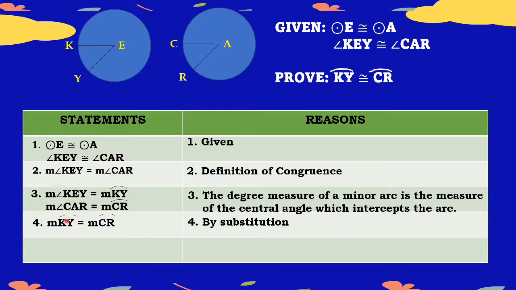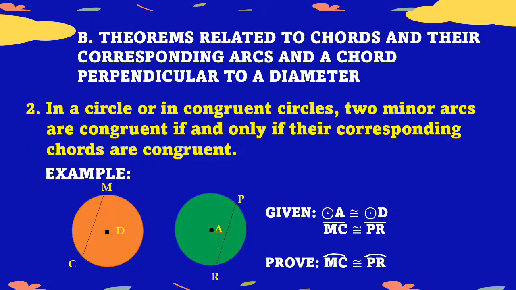We use the substitution property in relation to the number 2 statement. And lastly, we can say that arc KY is congruent to arc CR, because if the measure of arc KY and the measure of arc CR are equal, then they are also congruent. The reason is the definition of congruence.